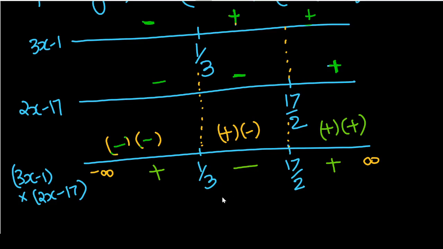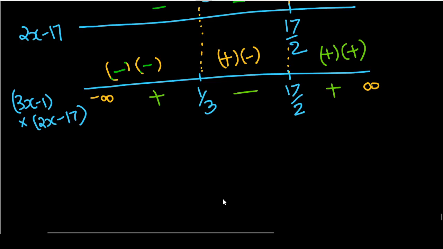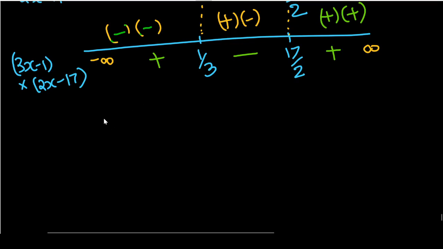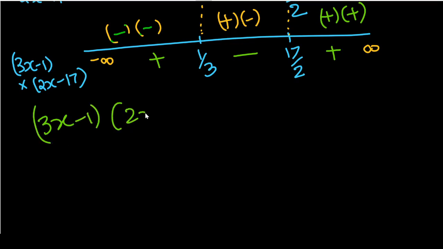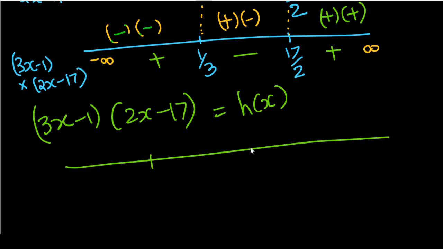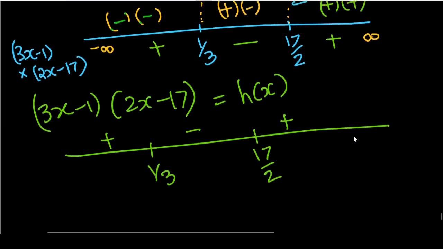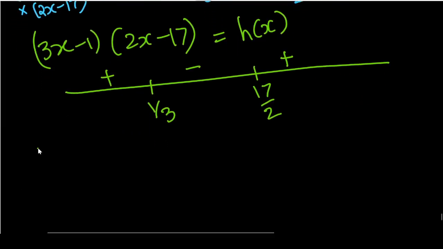So for 3x minus 1 into 2x minus 17, guys, let's say this is some quadratic expression h(x), the sign that we got was 1 by 3 followed by 17 by 2, plus minus plus.